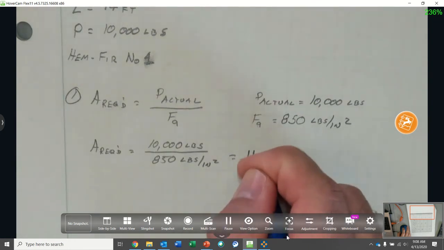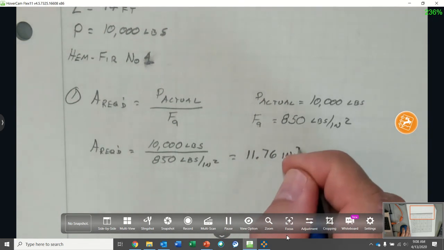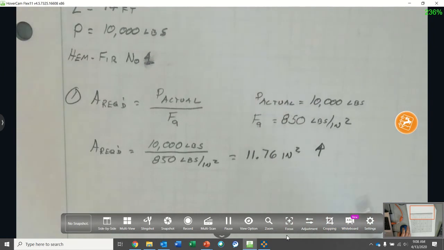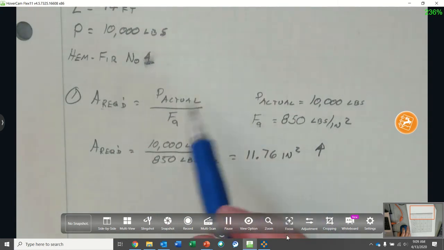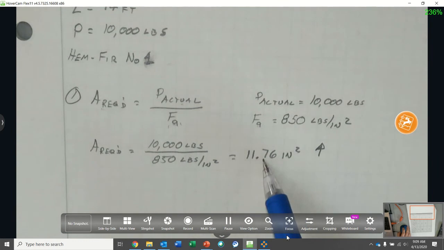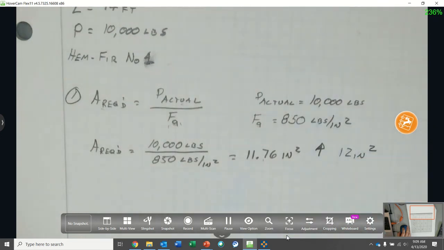That's 11.76 square inches. I want to round up, because remember, force over area equals actual stress, P over A. If I make my area bigger, my stress will be lower. So let's round this up to 12 square inches.